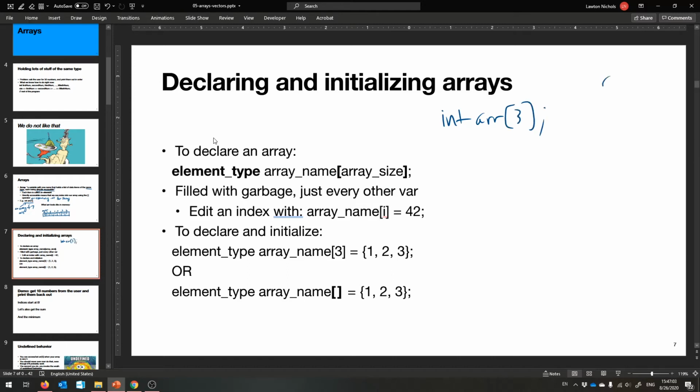That'll make arr in memory, holding 3 question marks at the moment. If we want to fill it with something, we can set a certain index with a value. So we can say arr 0. I would like to make that 1, please. Okay, so this is indexing into the array and setting the 0 here. Okay?